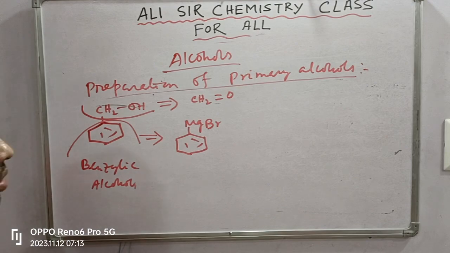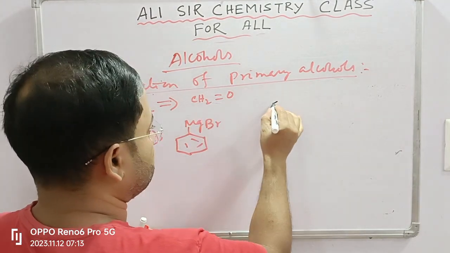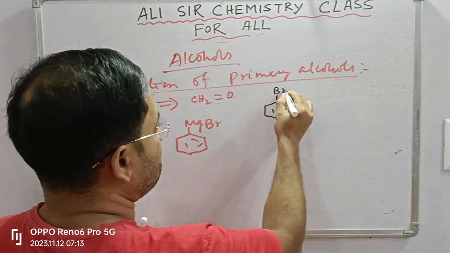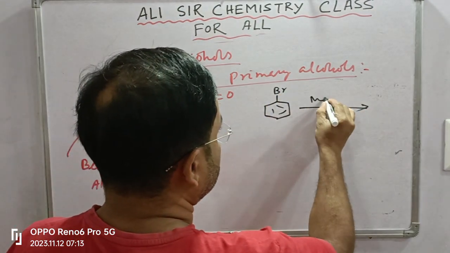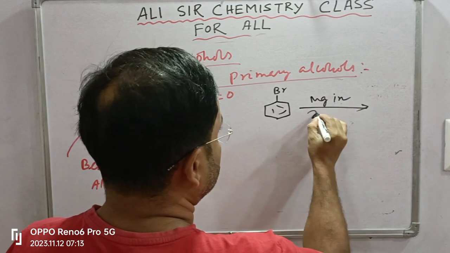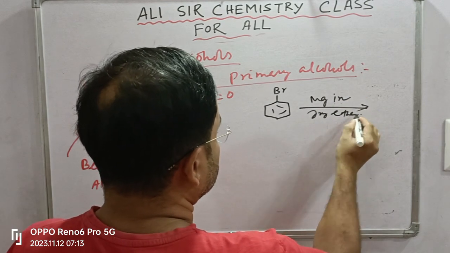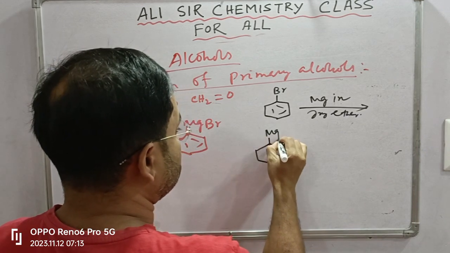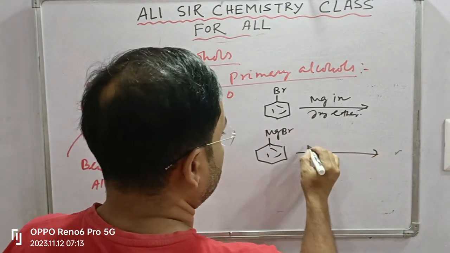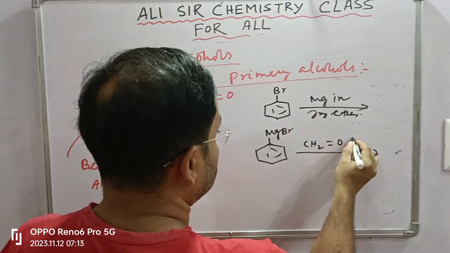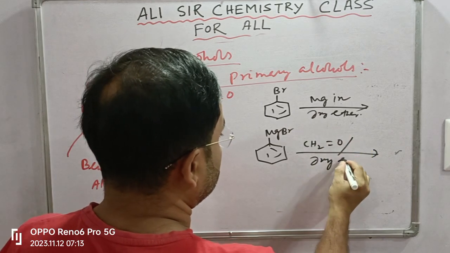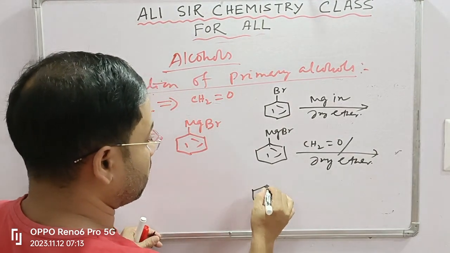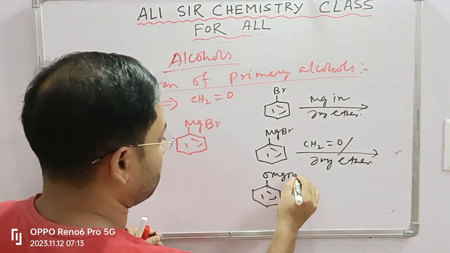So the process will be like this. You take this Grignard reagent, or you can start from bromobenzene, magnesium in dry ether. It will form the Grignard reagent, PhMgBr, and take formaldehyde, CH2 double bonded O, in dry ether, and we will get PhCH2OMgBr.